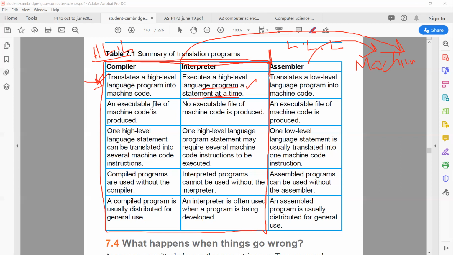So these are translators, and they can detect the errors while translating the program into the machine code. They both have the same purpose at the end. They both convert the code into machine form, but the compiler converts the whole program while the interpreter converts each statement at a time.